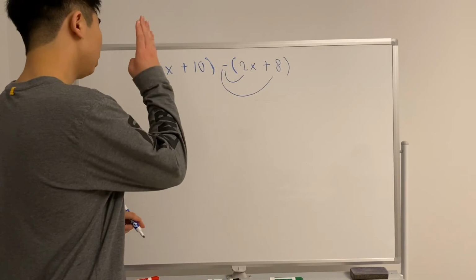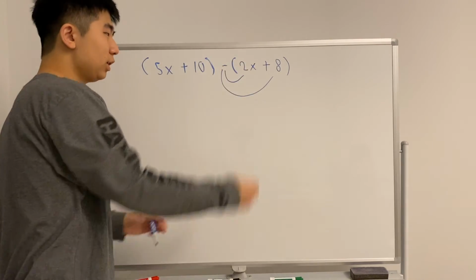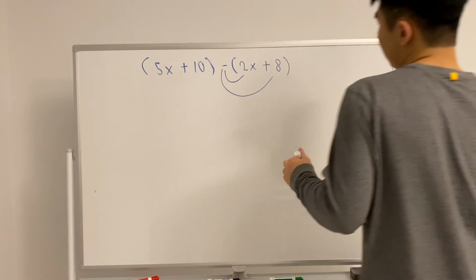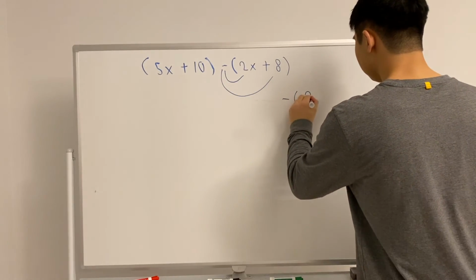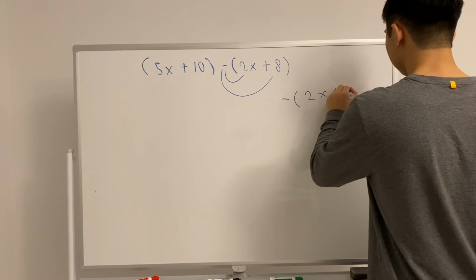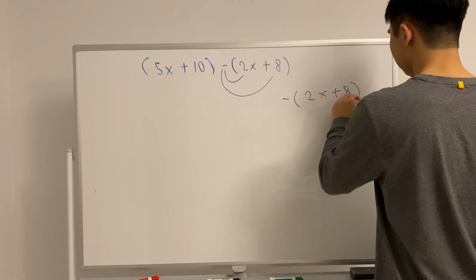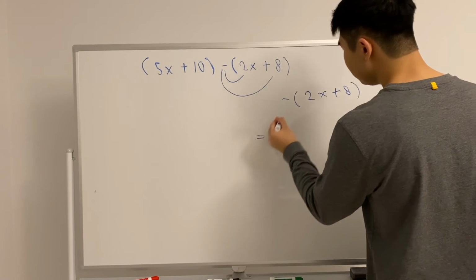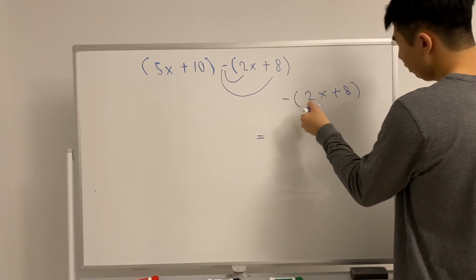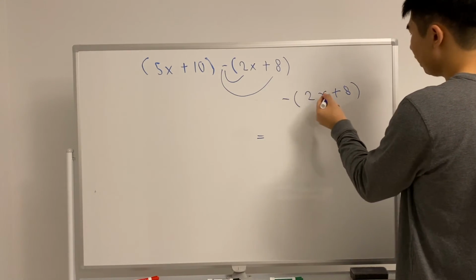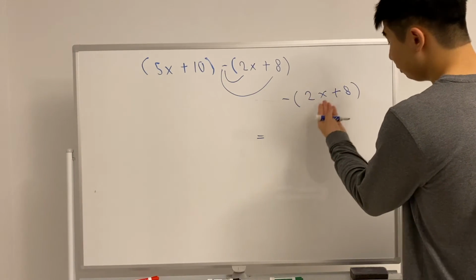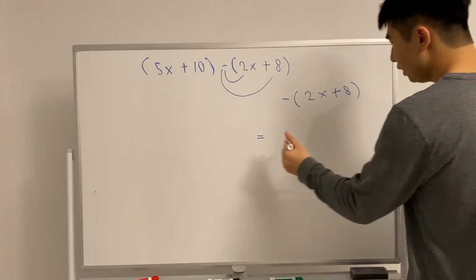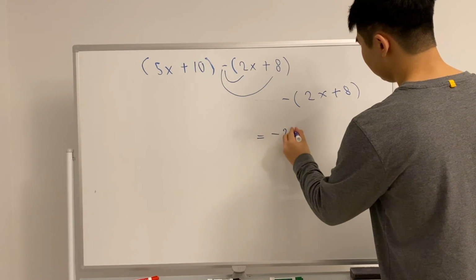So after we distribute this, so this is probably better if I do it to the side here. So let me just write this out here separately. 2x plus 8 is equal to what? So we just distribute this -1, but you don't write the 1, to 2x plus 8. So -1 times positive 2x is -2x.